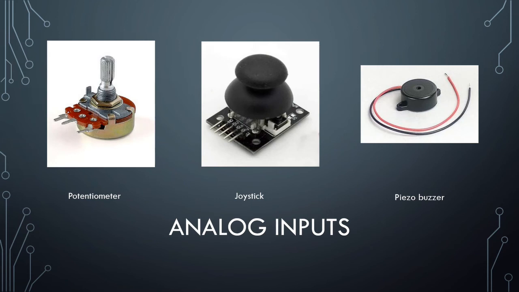Some analog inputs don't have an exact signal, or we can break it down into numbers to try to quantify the signal, like we do with fading in an LED, but they're usually between values, one point and another. There's some intermediate values there. So for our analog inputs, the first one is a potentiometer.